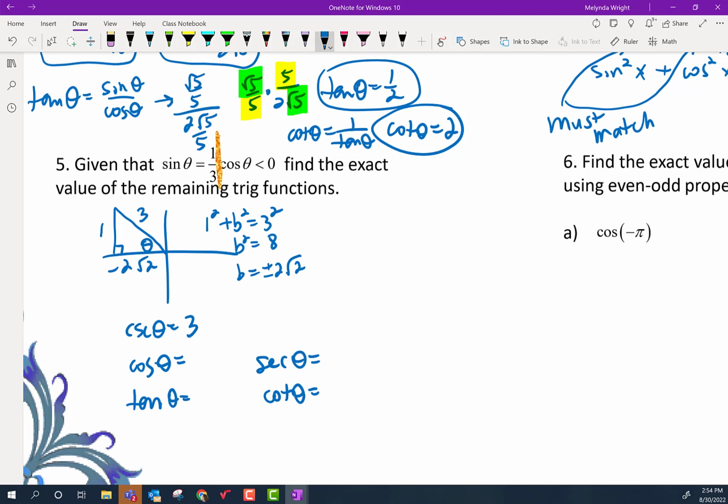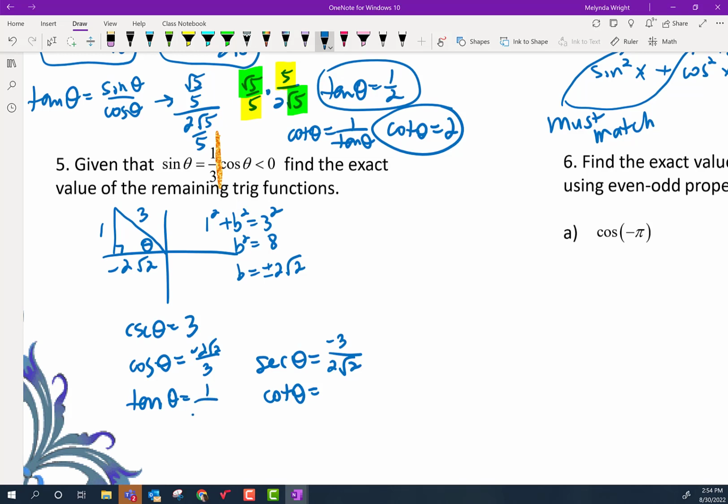So cosine we know is adjacent over hypotenuse. And we just flip it upside down for secant. Again, we don't need to worry about rationalizing.